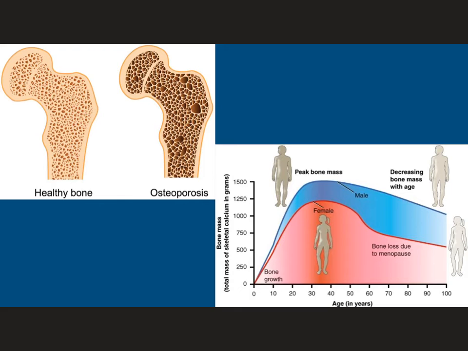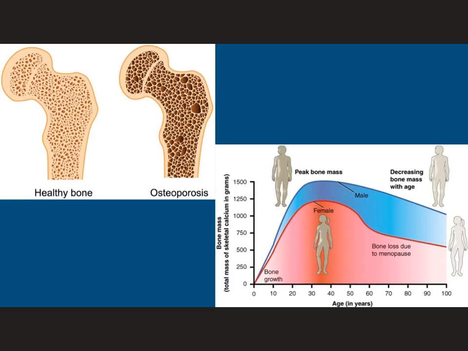So these are just pictures to show you how healthy bone looks versus osteoporosis. If you have that condition, you're going to have larger and more spacious bone density, and thus it's easier for your bones to break upon small impact.